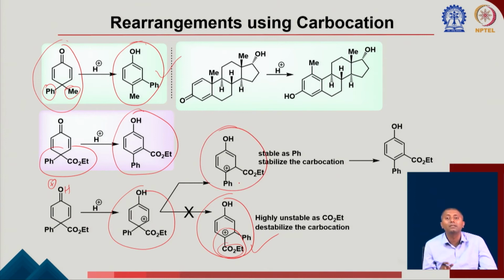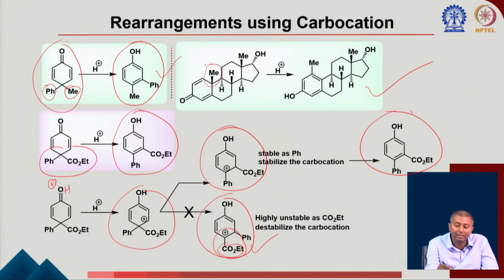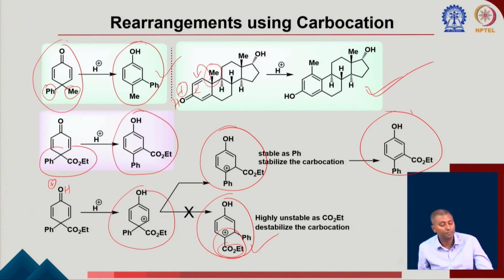So that is another important thing, that in the dienone-phenol rearrangement, after the migration, the carbocation also has to get stabilized. So that's why, because the phenyl is stabilizing this carbocation, the ester is getting migrated to form this product. We can see another example here where you can see there is a methyl group clearly trying to get migrated once you protonate here, because once you protonate, this will make a positive charge that will allow this methyl to migrate to neutralize the charge to get to this product.